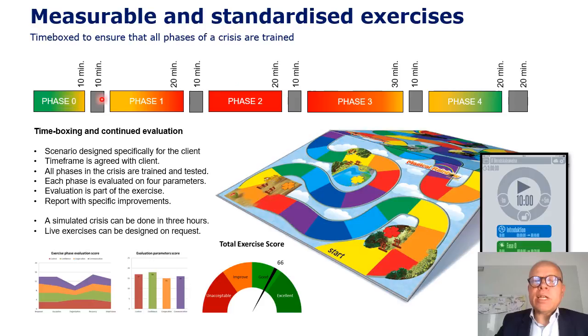And we time box the 3 hours into phases that will be short and probably a little stressful because we're taking you through an unknown scenario in a very short period of time.